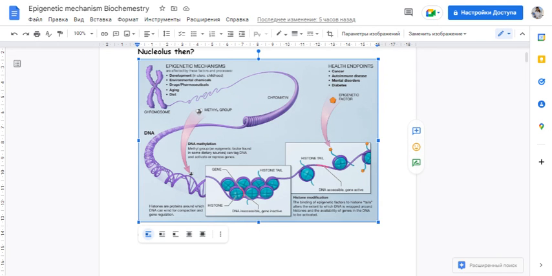DNA is charged negatively because it contains phosphor, and histones are charged positively because they contain positively charged amino acids such as lysine and arginine. So because of that, they will actually combine and work together.